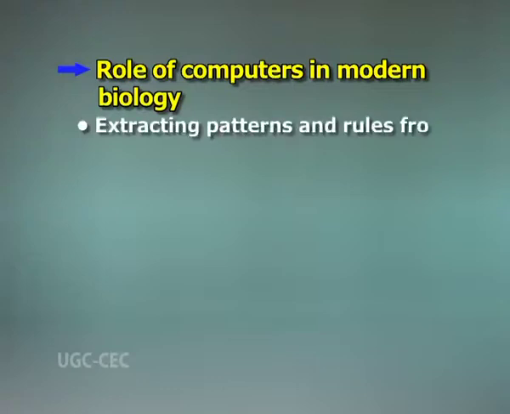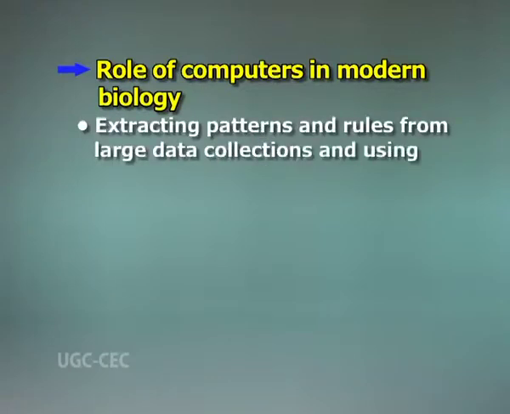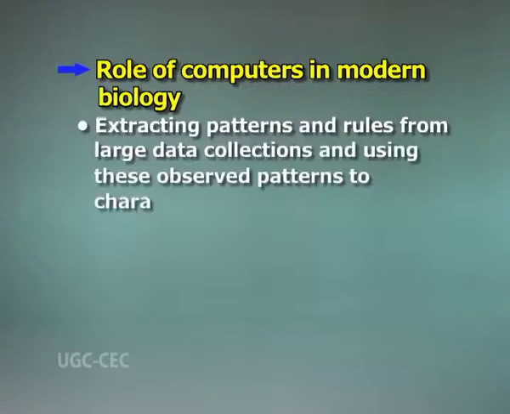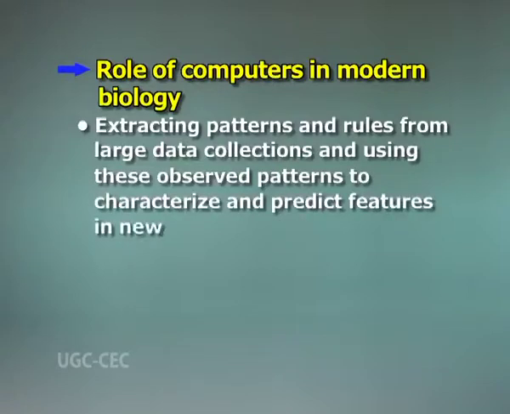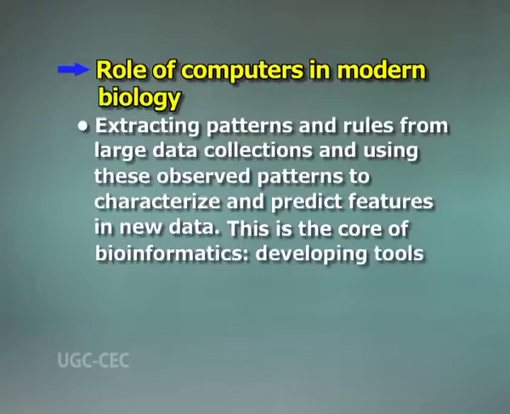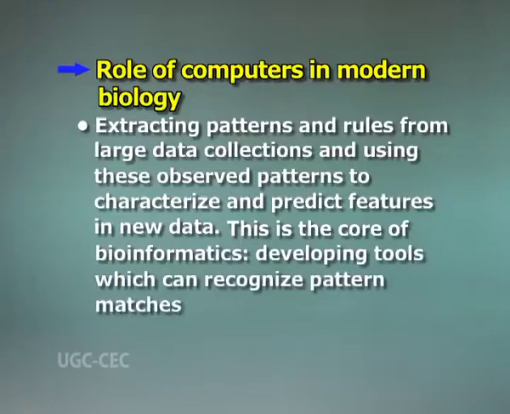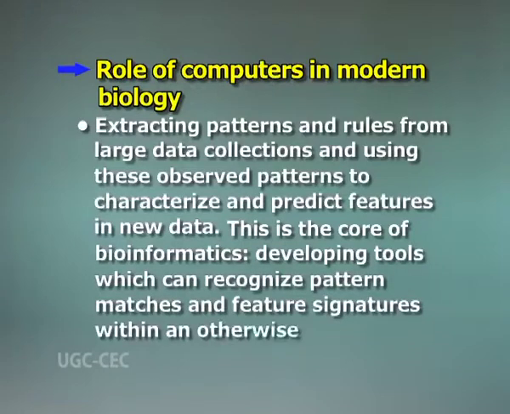Extracting patterns and rules from large data collections and using these observed patterns to characterize and predict features in new data. This is the core of bioinformatics: developing tools which can recognize pattern matches and feature signatures within an otherwise incredible data set.